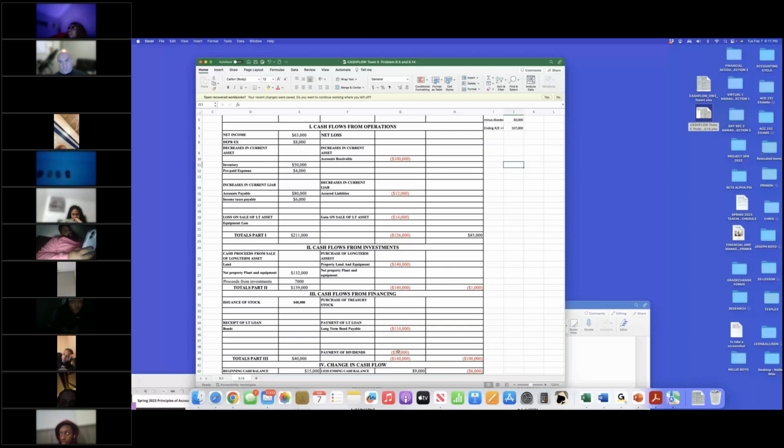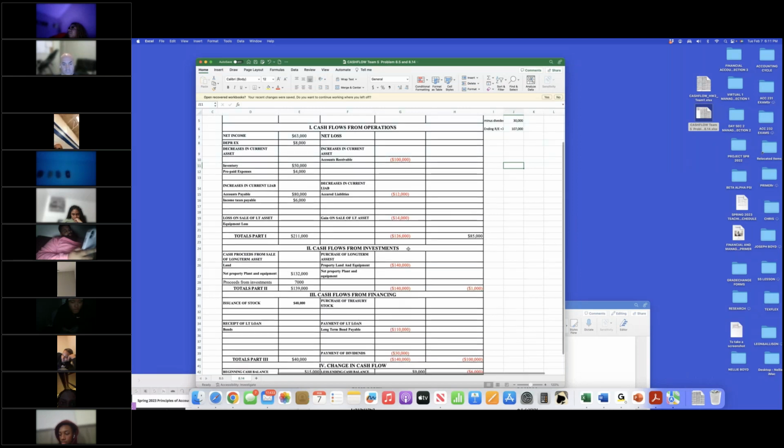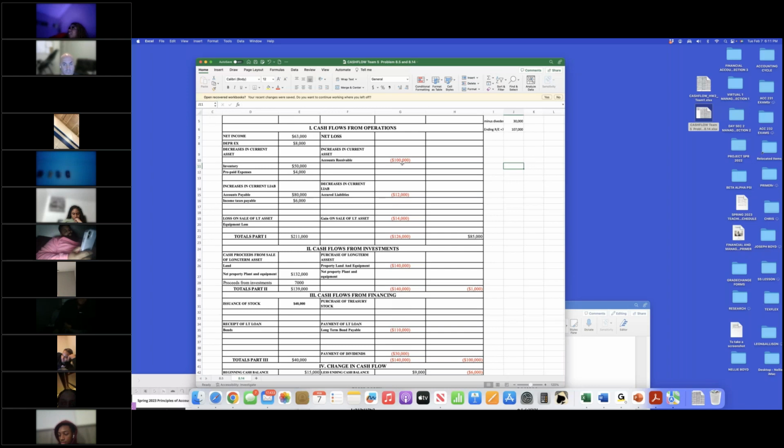Then let's begin to look at these other assets. So the receivables go down by 100,000. Is that what they did? And the accrued liability, 12,000 increase.